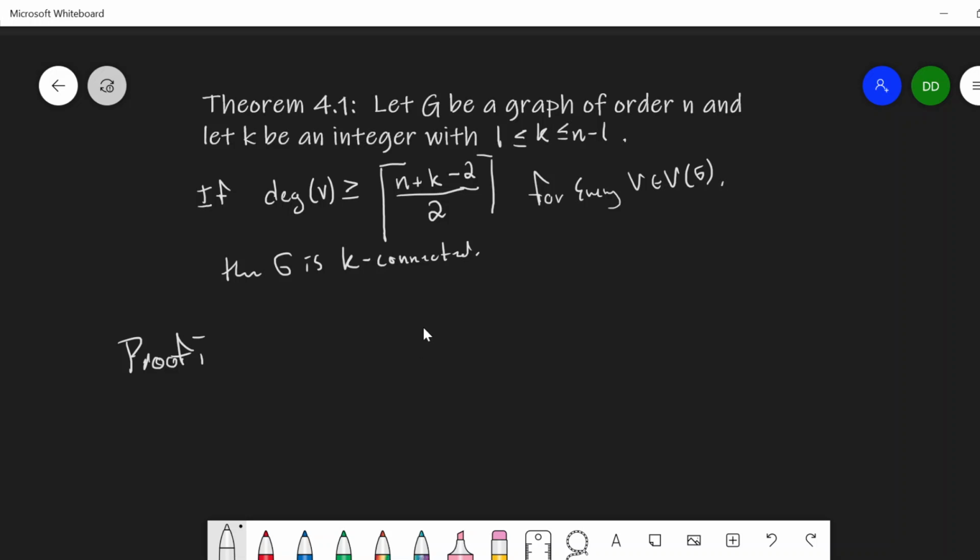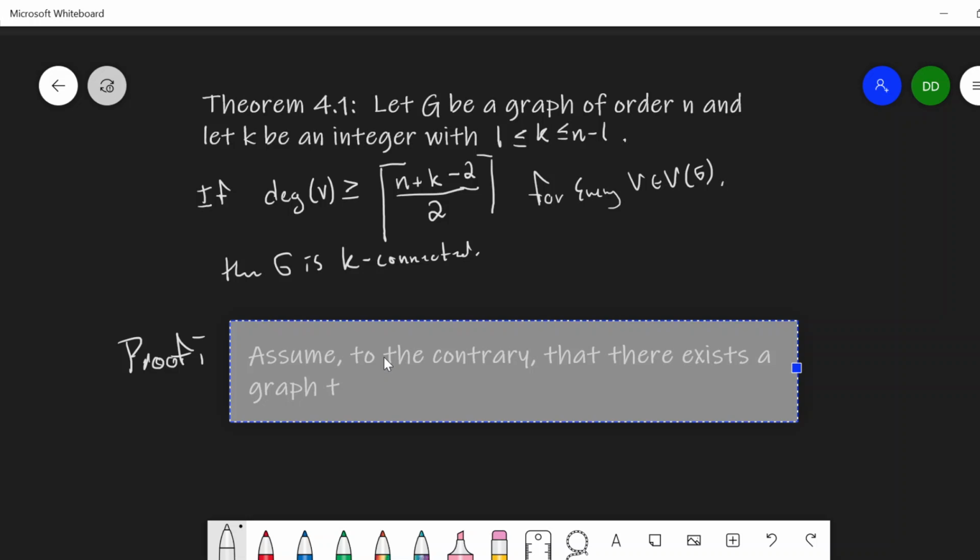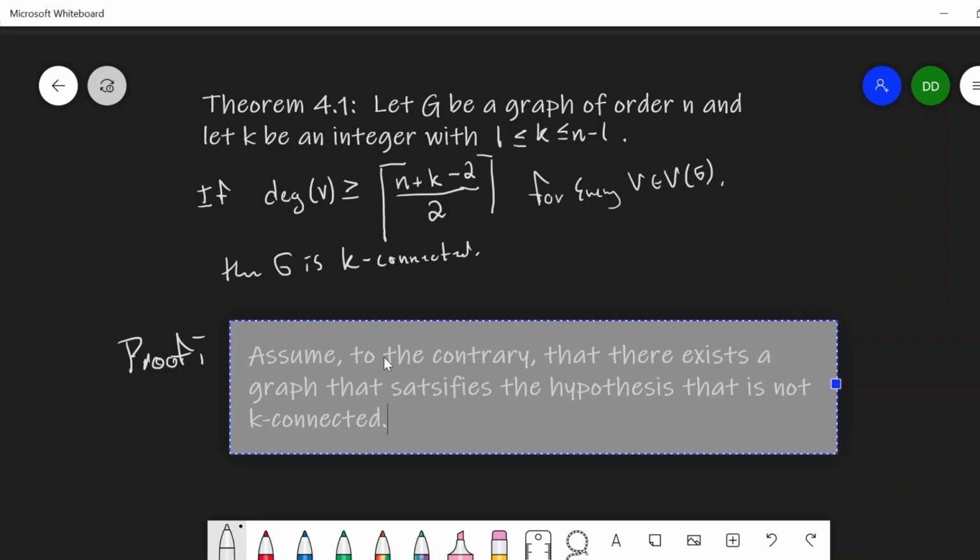So we start by assuming that the theorem is false. Assume to the contrary that there exists a graph that satisfies the hypothesis that is not k-connected.